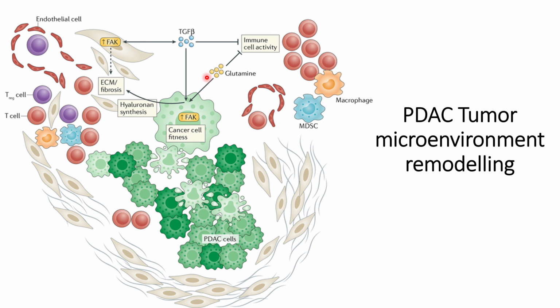By inhibiting the glutamine, they allow the T cells to come and interact with the pancreatic cancer cells, as the glutamine will inhibit the immune cell activity or its activation, and thereby it will help in increasing the efficiency of the immune system against the pancreatic cancer cells.